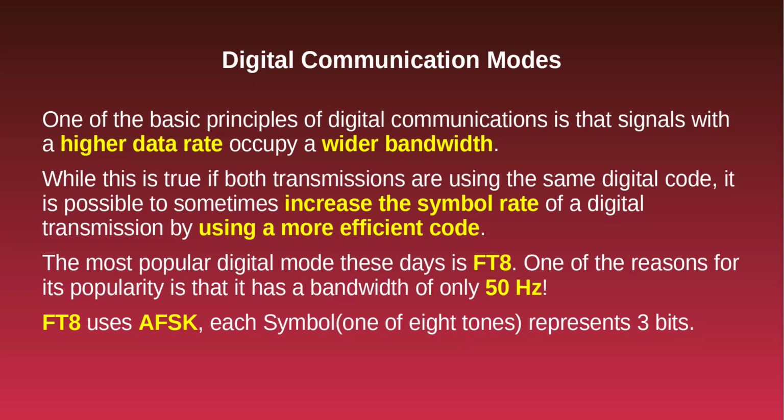One of the things they do to get around that is come up with what we call symbols, where you can have a symbol that represents 2 or 3 or even more binary bits by using some different tones. So you can keep the bandwidth fairly narrow, like in FT8, but they're sending 3 bits at a time with each one of those little frequencies. So it makes it a lot more efficient and uses less bandwidth.